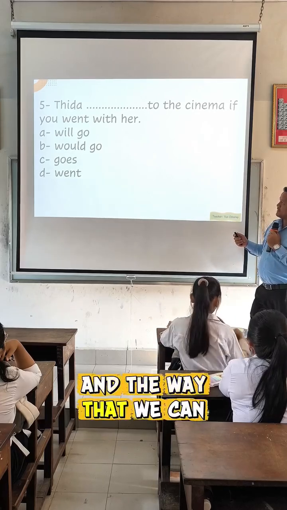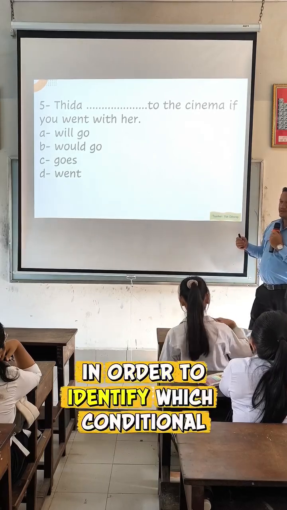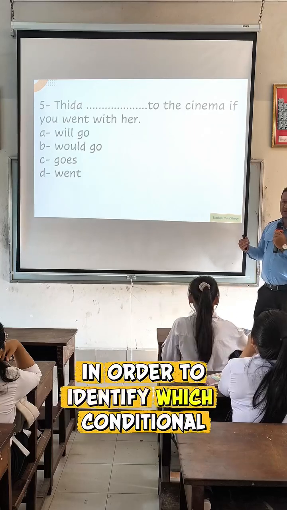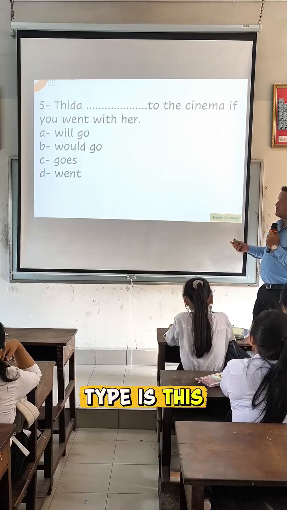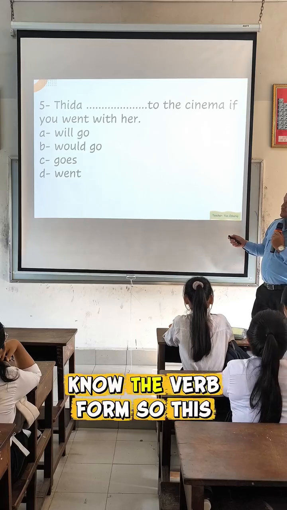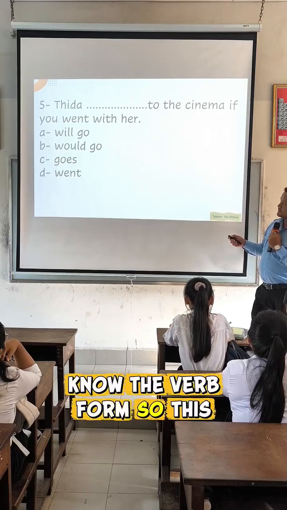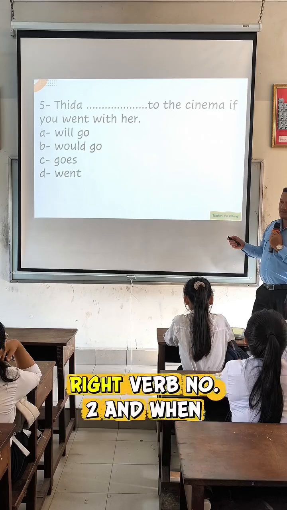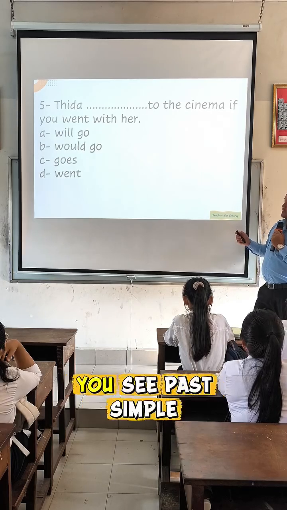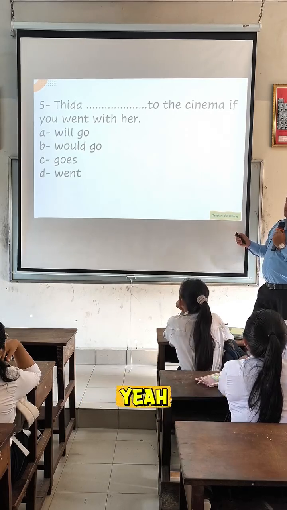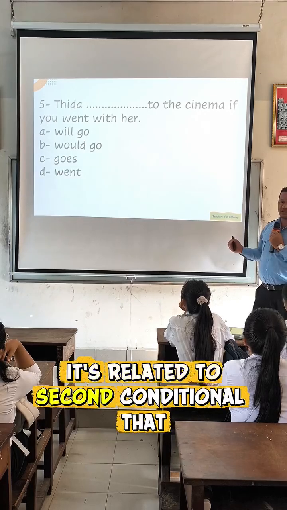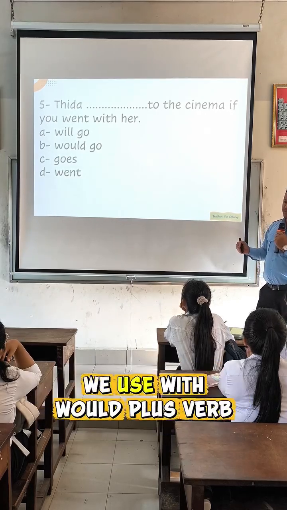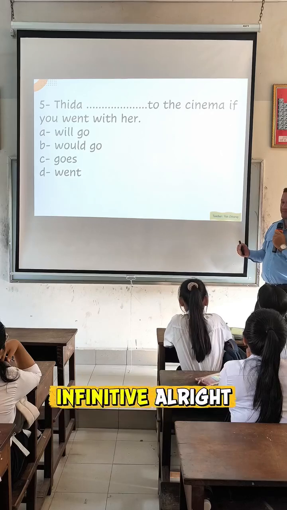To identify which conditional type this is, you need to look at the verb form. This is past simple, verb number 2. When you see past simple, it's related to the second conditional, which we use with would plus verb infinitive.